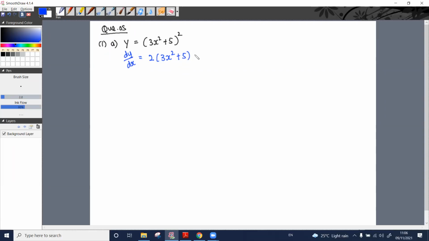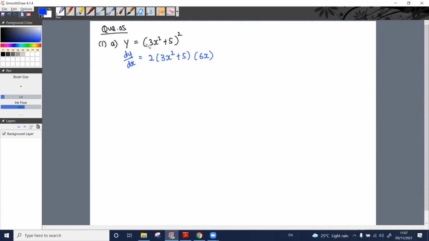Then this needs to be multiplied by the differentiation of the terms inside. The constant we can simply ignore. Once we differentiate this, 3x squared means 6x. Right. 6x.